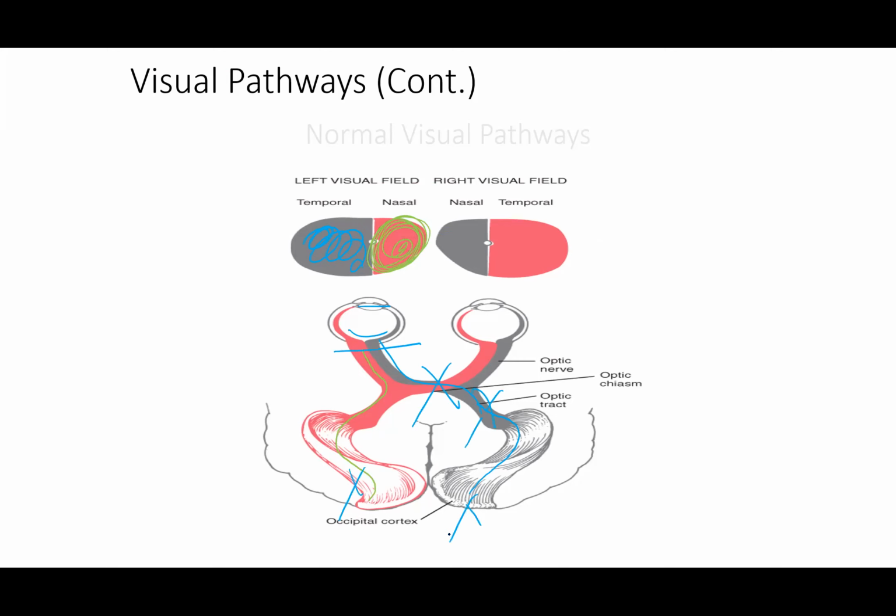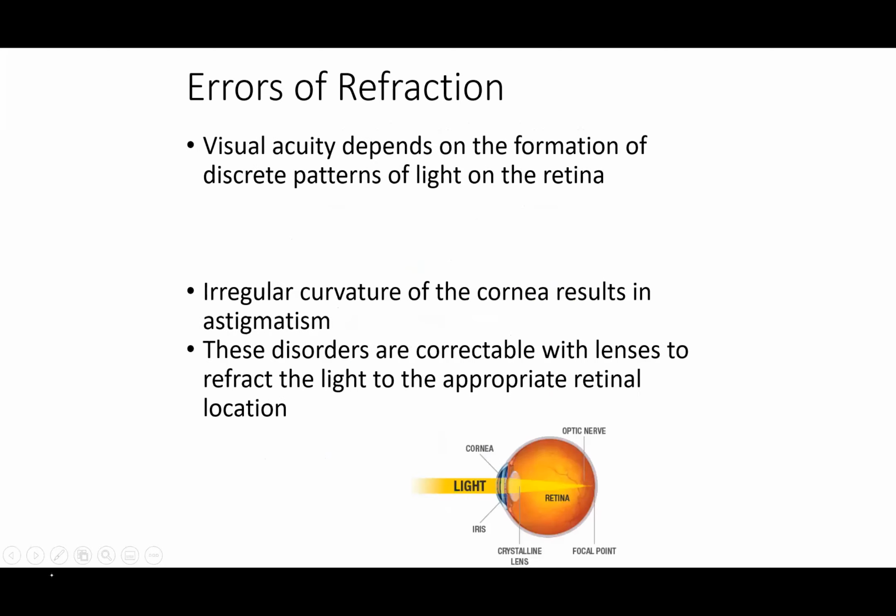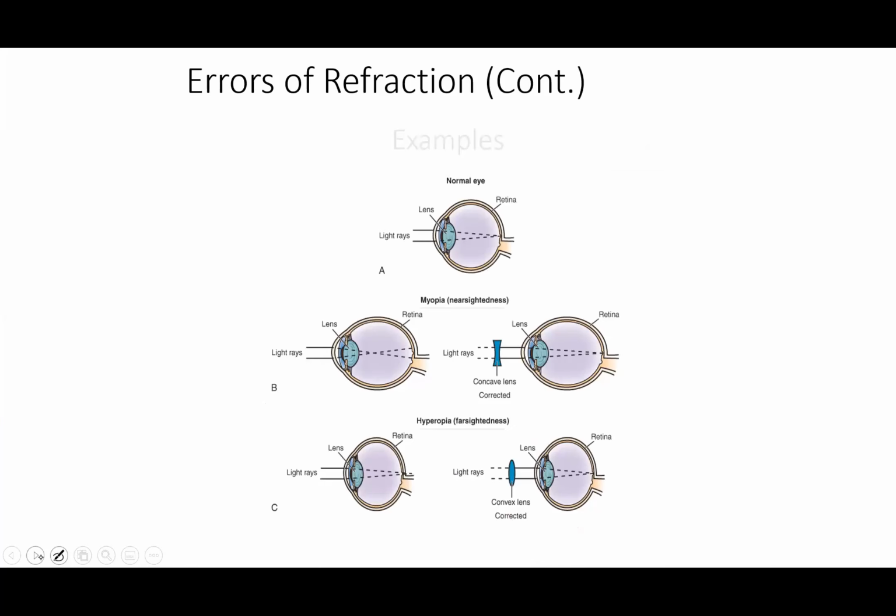So anywhere in those pathways, one or more can be hurt, which would affect your visual field. Okay, some of the visual impairments can be just simply you need corrective lenses.